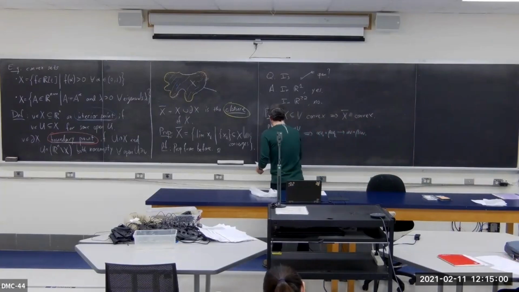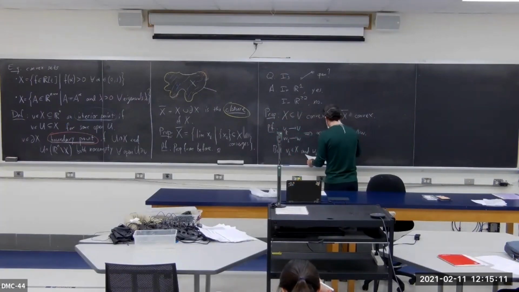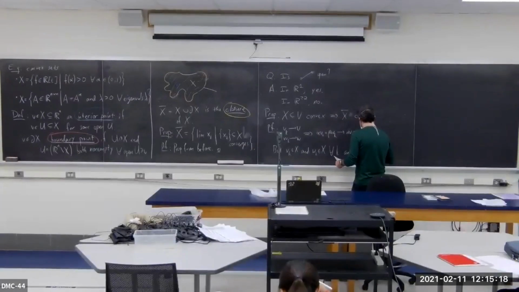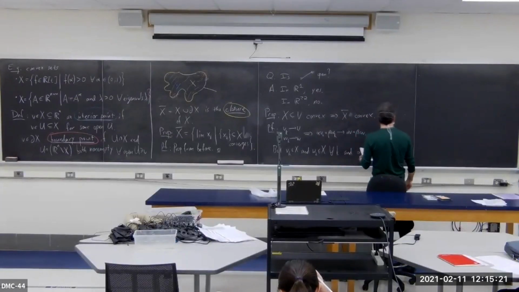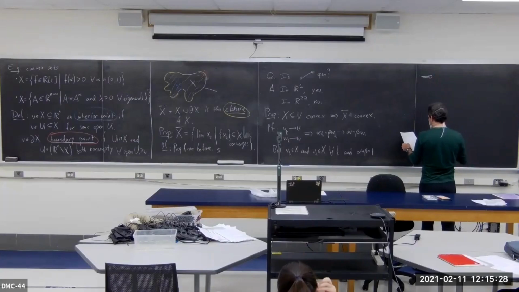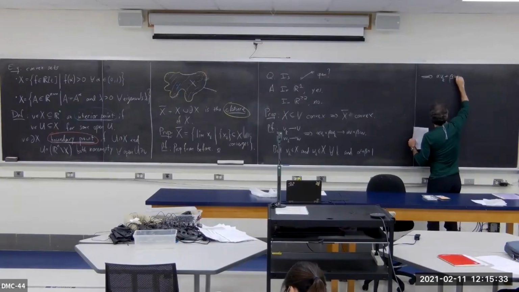Okay, so now if you have Vk in X and Wk in X for all k, and if you assume that alpha plus beta equals 1, then what do you know about the point alpha Vk plus beta Wk?